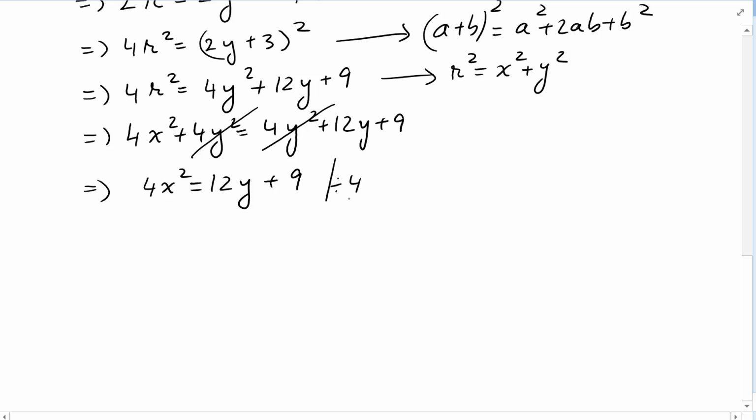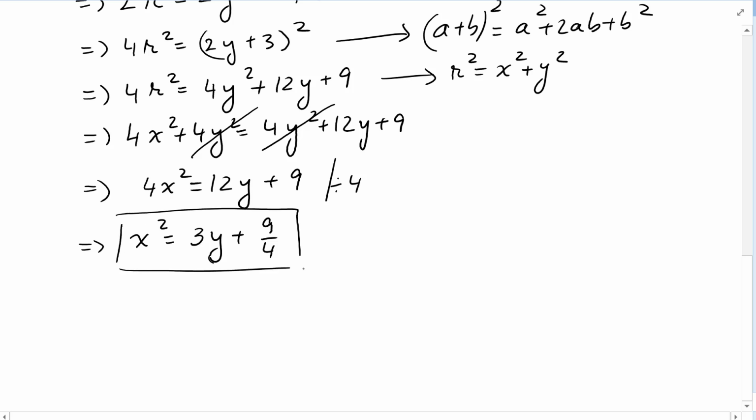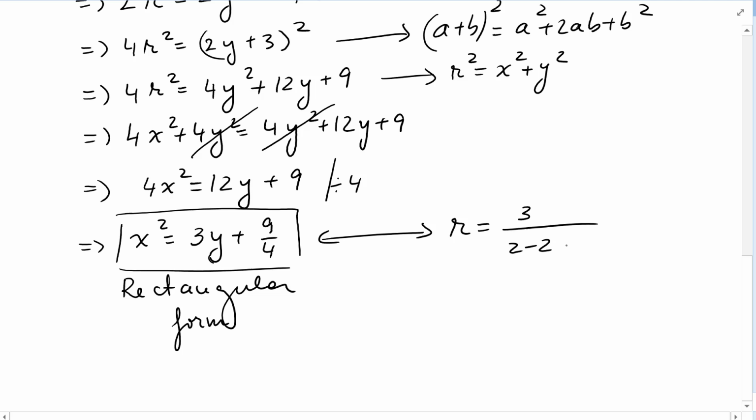If we divide by 4, we can say x squared equals 3y plus 9 over 4. So this is the equation in rectangular form, and the original one, r equals 3 over 2 minus 2 sine theta, is the polar form.